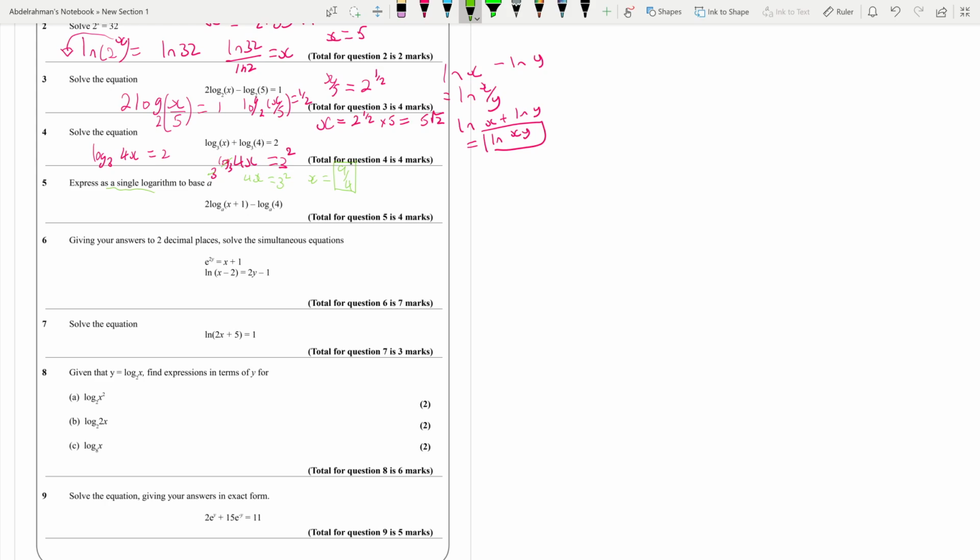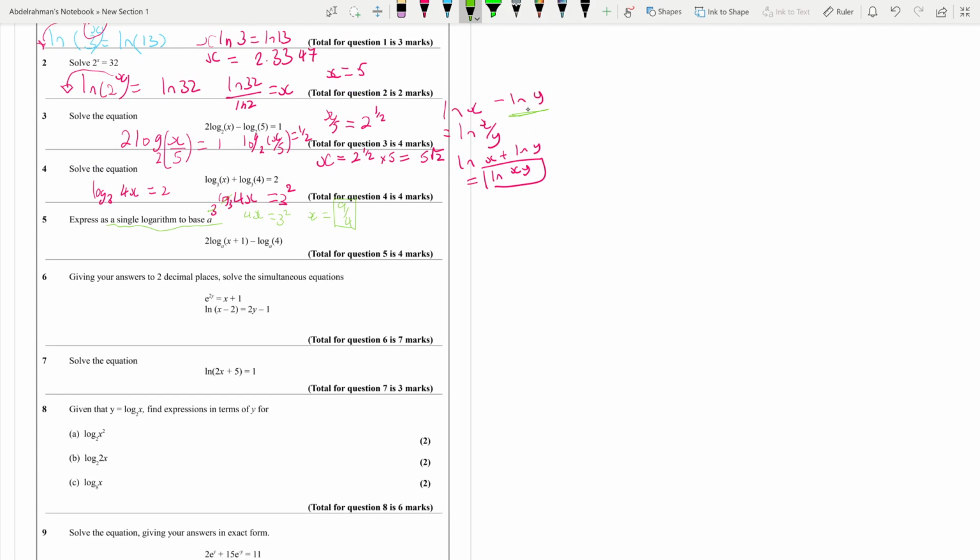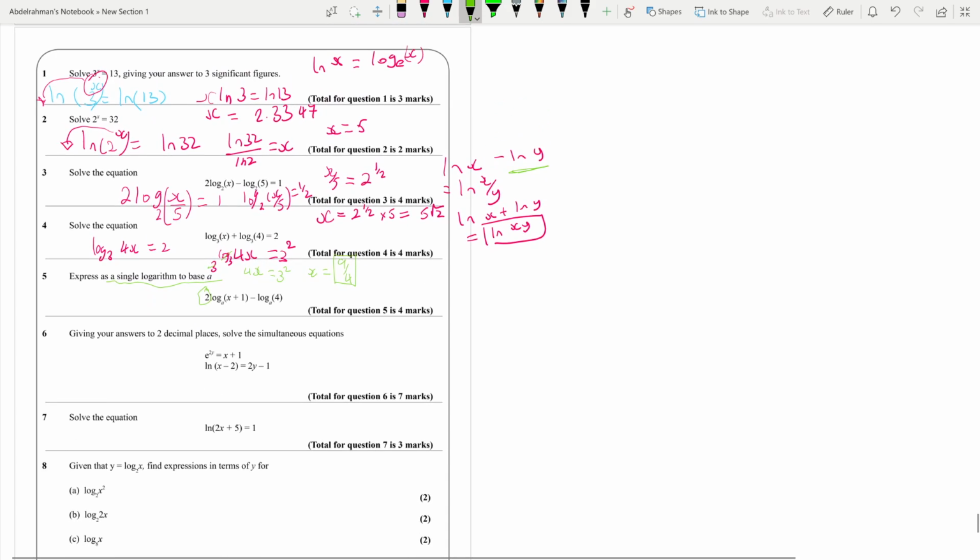Now a single logarithm to base of a, so it's just something like this. We need to combine them, and we know from the logarithm rule that there are 2 minuses, so it will be just like division. Also because of the logarithm rule, in the same way that we put the x down, we can put it up again here and there as well.